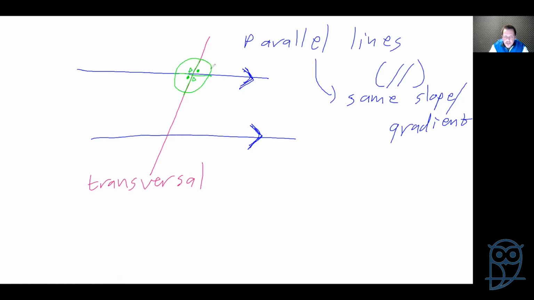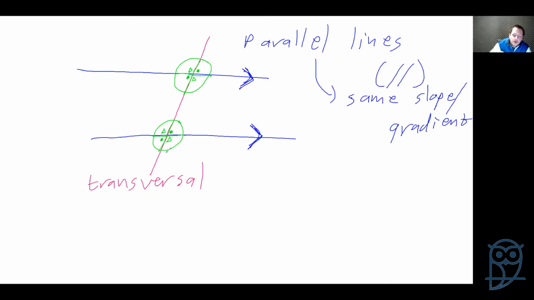I wonder if there's a way that we could relate these angles to these angles. And it turns out that we can, in that they're actually exactly the same. And that's why I'm doing it in the same color, where that equals that, and that equals that.